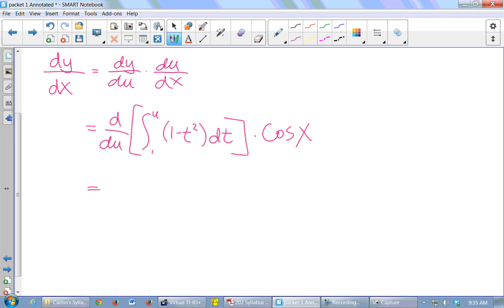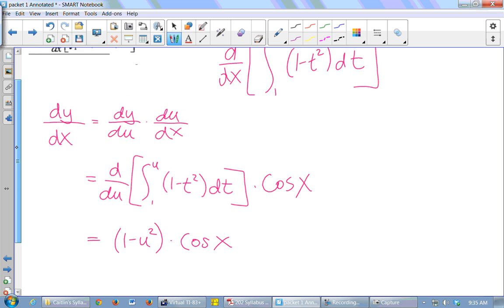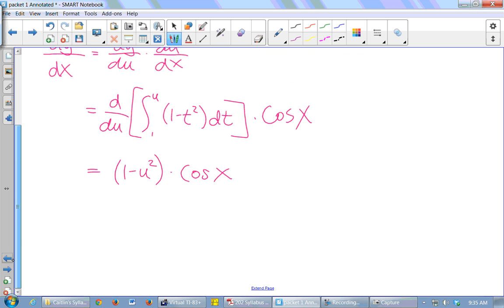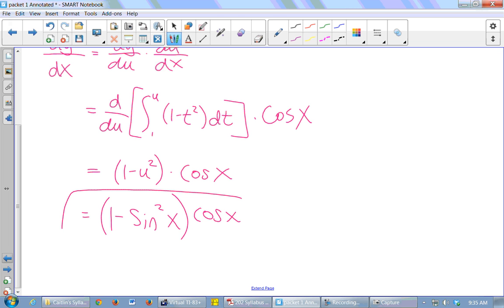Because it's d du, so this is telling you that the variable name is u. So my answer should be in u's. So this is 1 minus u squared. And then u, I can substitute sine of x. This is 1 minus sine squared x times cosine x.